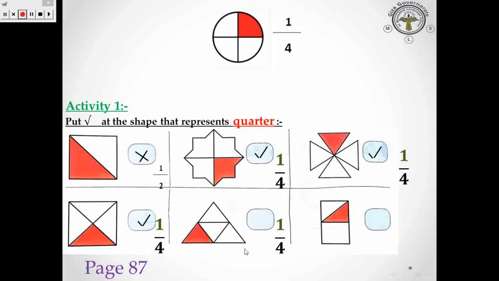How many total parts? 1, 2, 3, 4. Right, 4 and down. So this shape that represents quarter. Next shape. This shape divided into 3 parts and not equal parts.